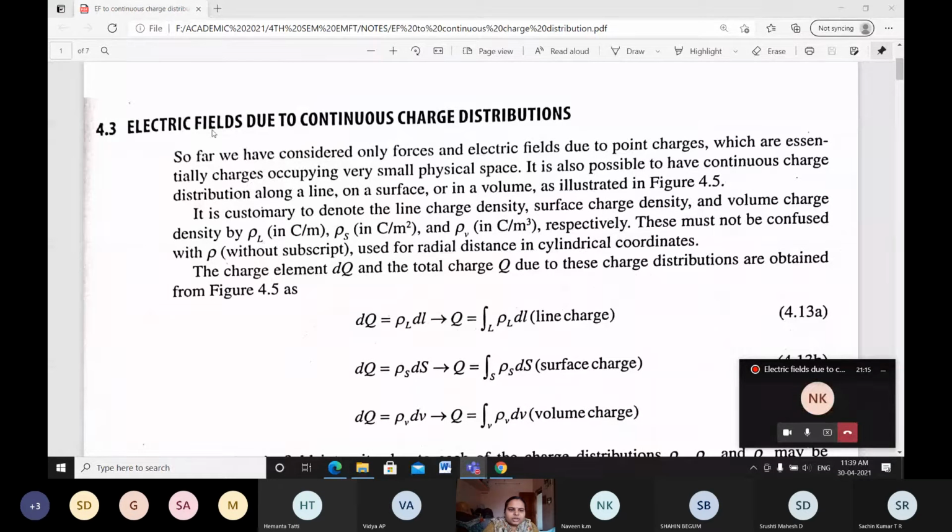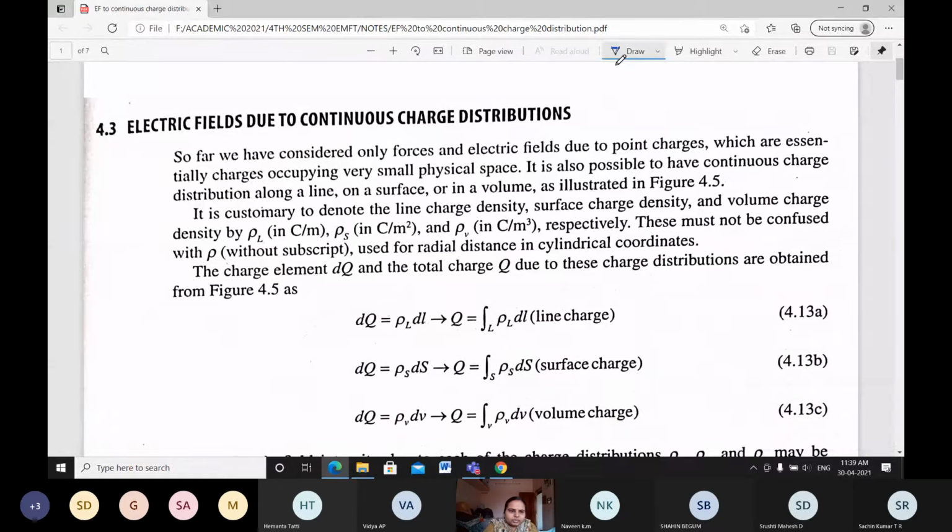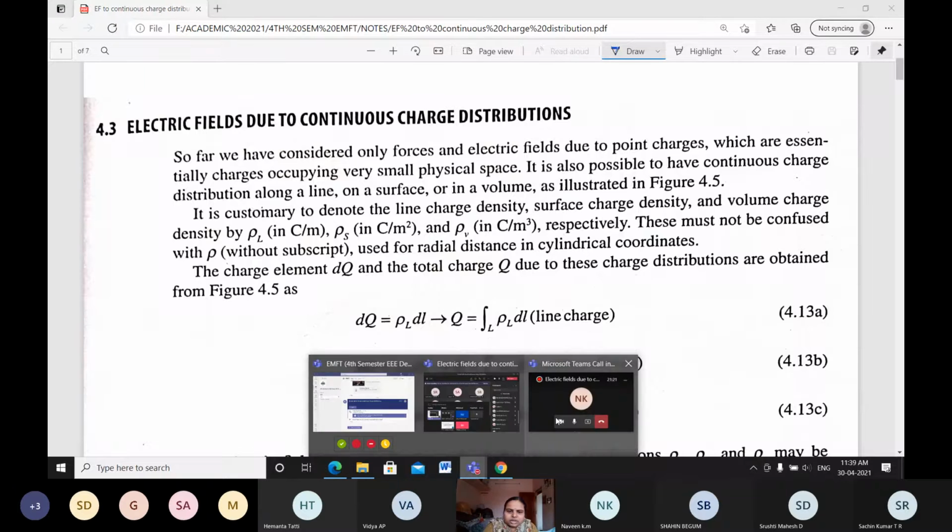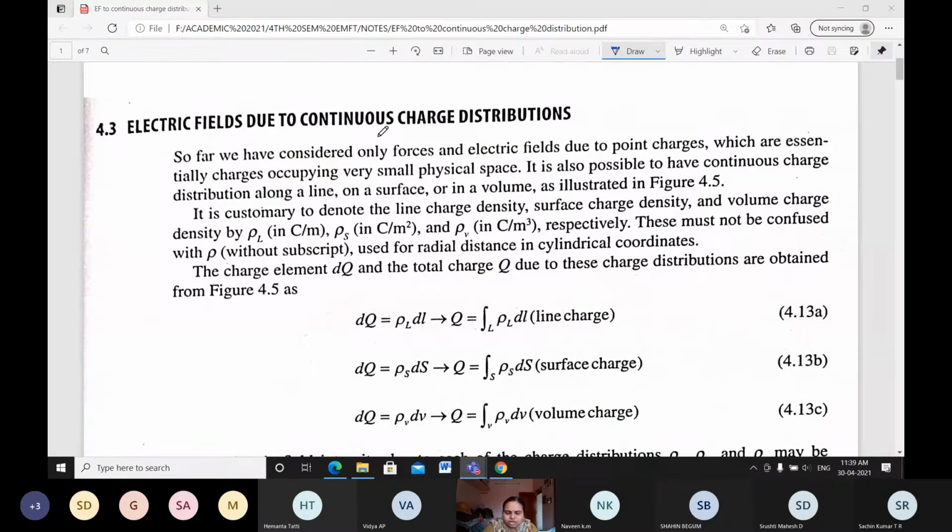Here, electric field due to continuous charge distribution. Whatever equations we took in the previous cases, those are all for the point charge.